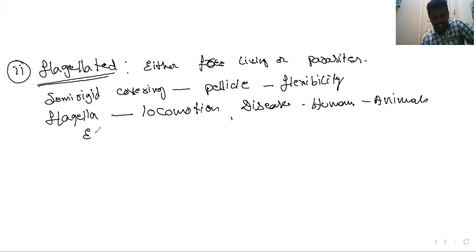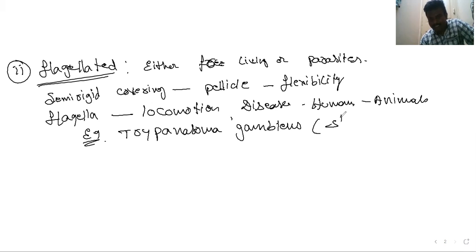An example is Trypanosoma gambiense, which causes sleeping sickness in human beings. That is flagellated protozoans.